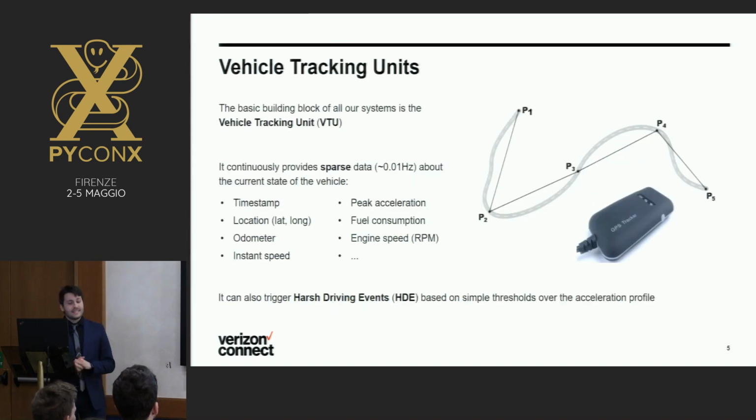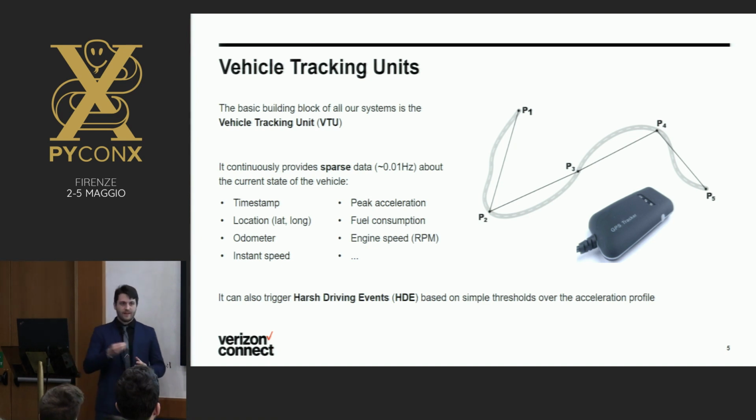Now, the basic building block of all of our systems so far is the vehicle tracking unit. It is a small device containing a lot of heterogeneous sensors, such as GPS, odometer, acceleration, consumption monitors, and so on. These devices are installed on each vehicle, usually plugged into the OBD2 port of the vehicle or directly to the battery.